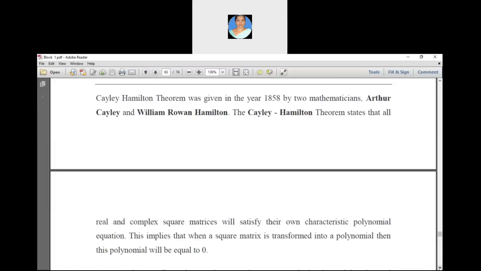This implies that when a square matrix is transformed into a polynomial, then this polynomial will be equal to 0.